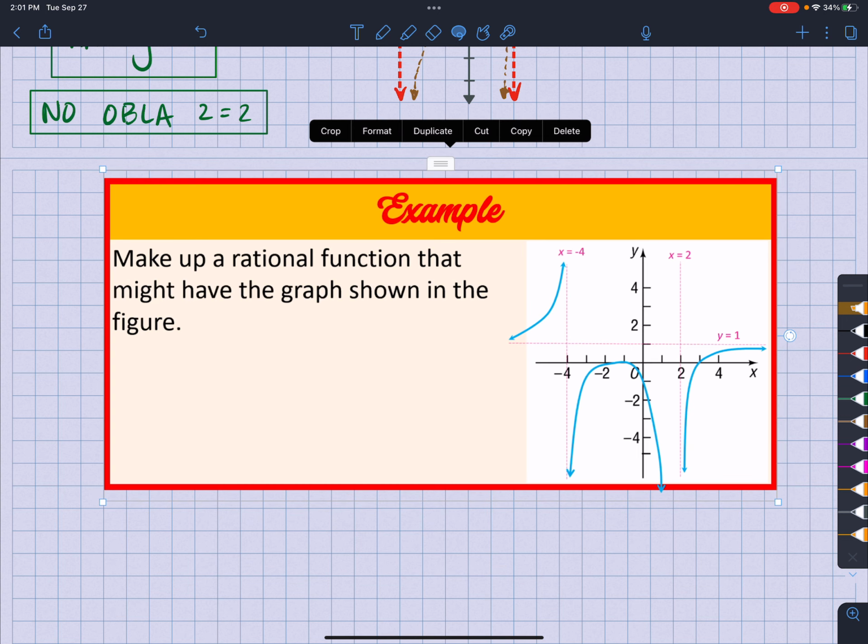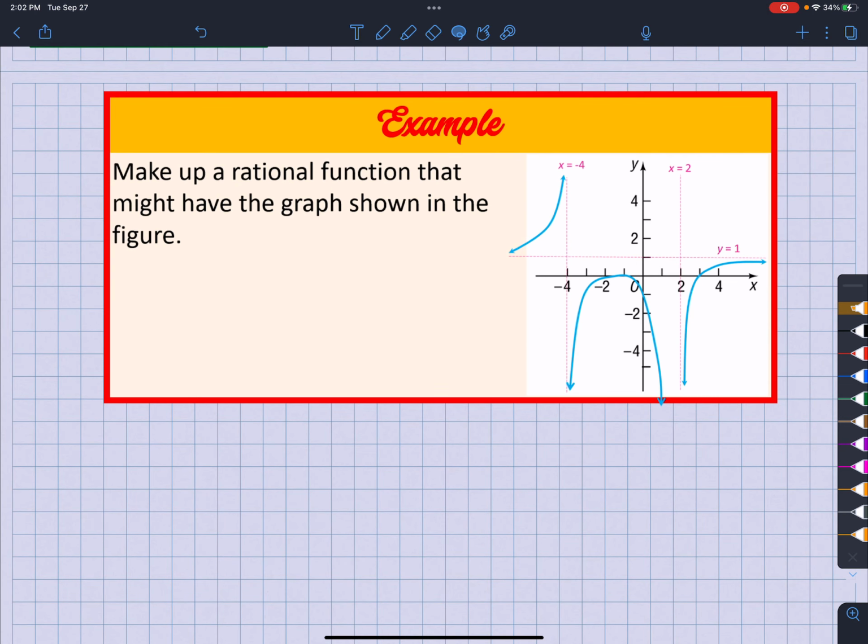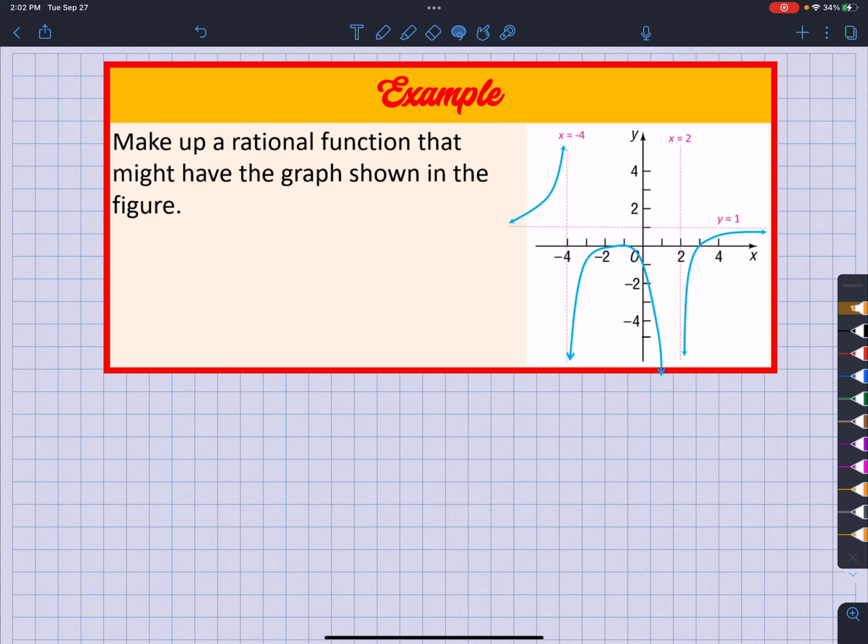Okay. So it says make up a rational function that might have the graph shown in the figure. Okay. So might. So what are some key things that we need to look at? I can see that I have vertical asymptotes at x equals -4 and at x equals 2.